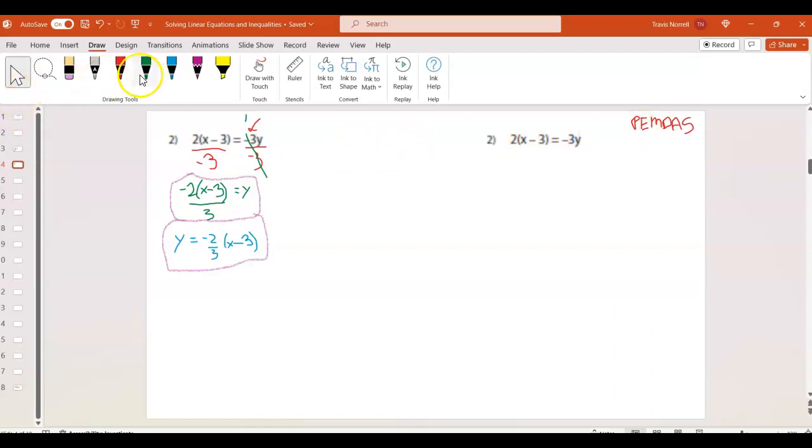So the first thing we got to do is we got to undo this multiplication. We're going to undo the multiplication by dividing. Remember, because the opposite of multiplication is division. So the opposite of multiplying by 2 would be to divide both sides by 2.